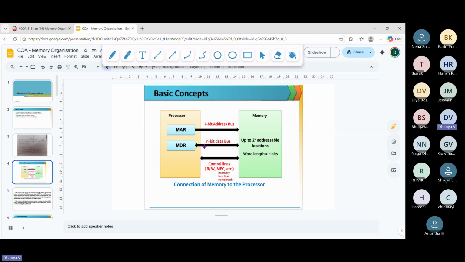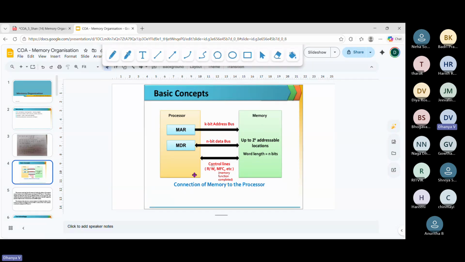If there is an n-bit data bus, that means the word length is n bits, so every time you access something from memory, it is accessed in terms of n bits. The length of the MDR is n bits, and for the MAR it is k bits. So for k address lines you have 2^k locations, and your word length is n bits.